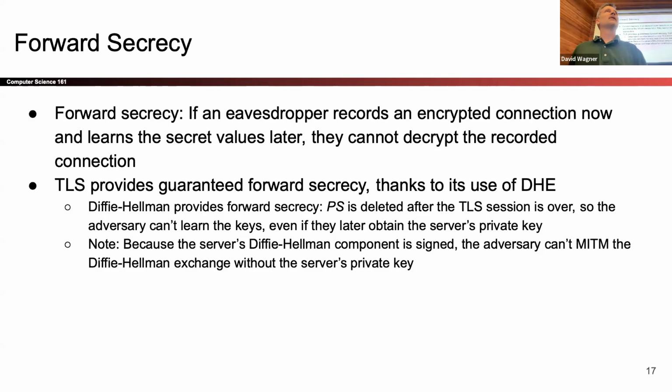Let's say a year from now, the attacker figures out how to hack into the server or the client machine and is able to get private keys or whatever data is stored on the machine. There'll be nothing stored there that allows decrypting old sessions because the pre-master secret and the symmetric keys get deleted at the end of each connection.